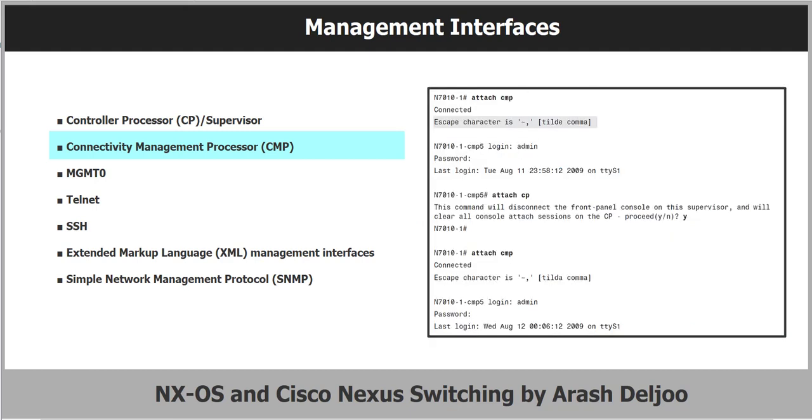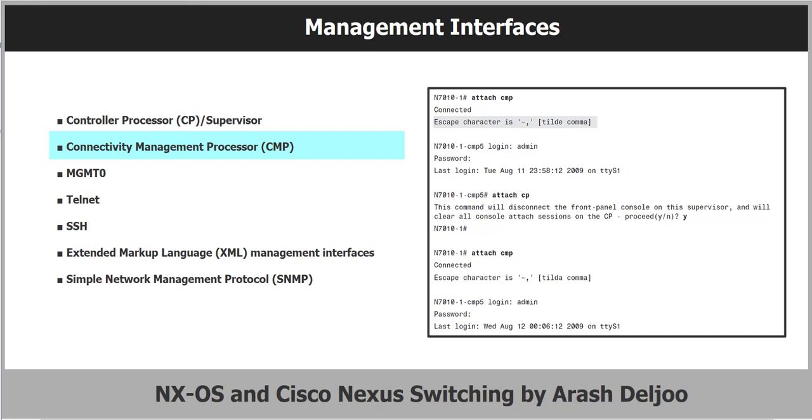This example shows how to connect to the CMP interface with the attach CMP command. Also note the escape sequence of tilde and comma to get back to the main NX-OS interface. You can also connect from the CMP back to the CP module with attach CP.